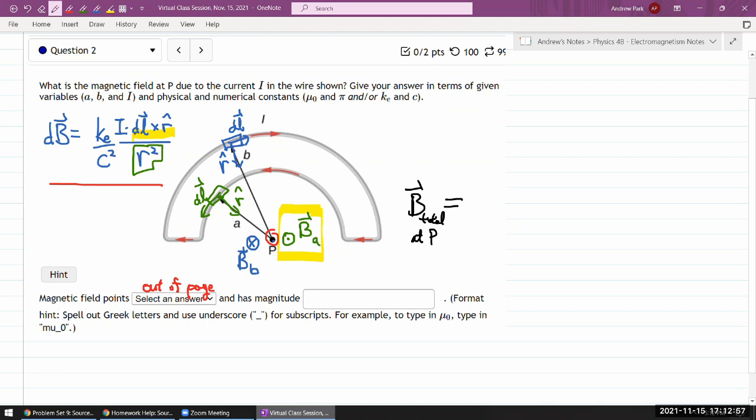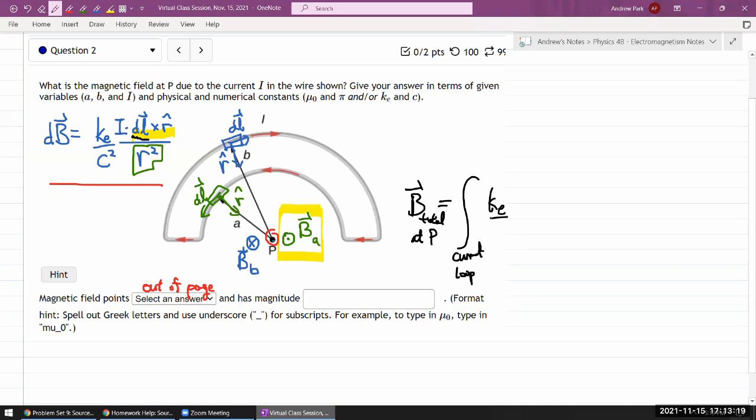I'll integrate along the path dl. Let me set it up. It looks like this. Let me start out with just the first symbolic expression. This is an integral around the entire current loop.